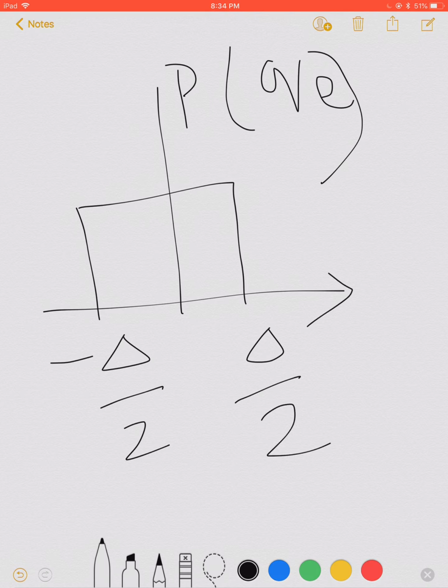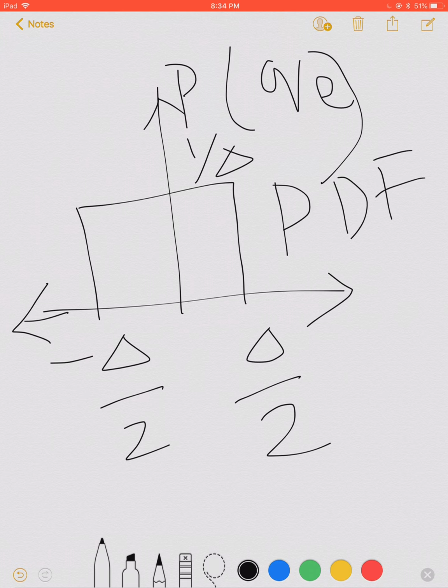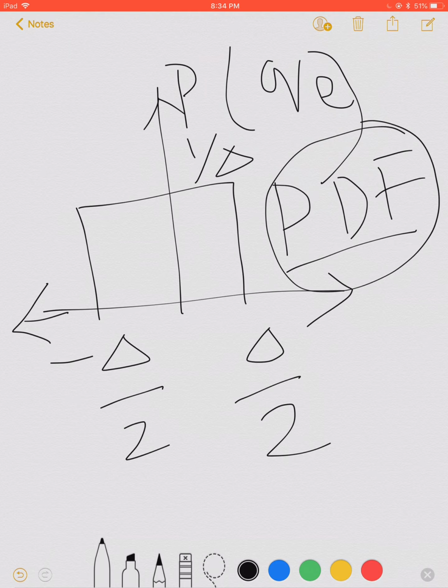That will be a random signal, but it will be distributed. If you take a very simple case like uniform distribution between minus delta by 2 to delta by 2, its magnitude will be 1 by delta. So this will be the PDF, the probability distribution function, of the quantization error.